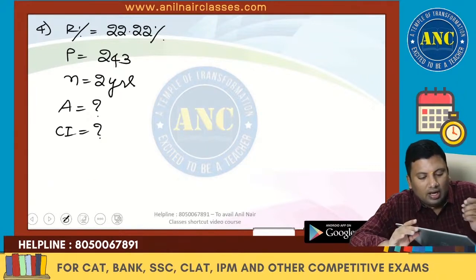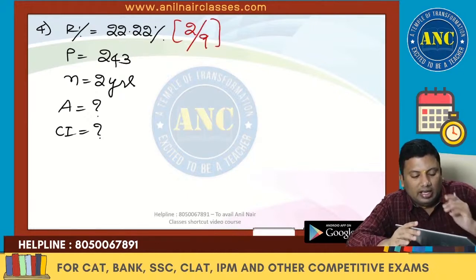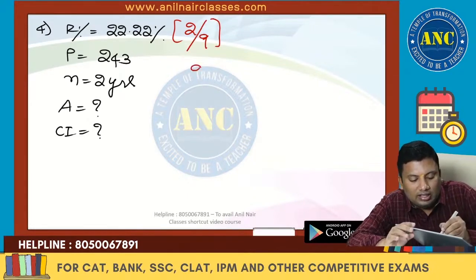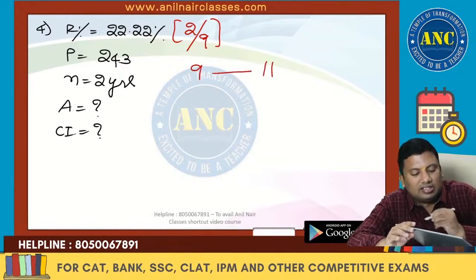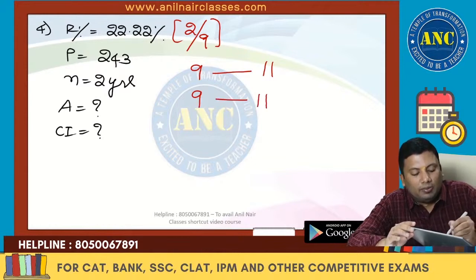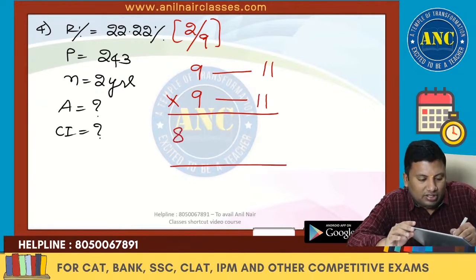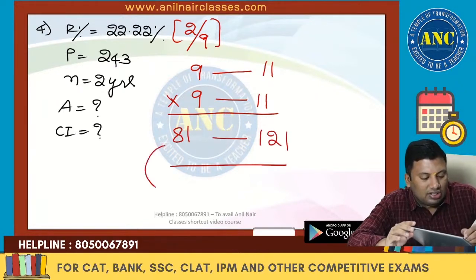Now see here. 22.22 is 2 by 9. So 9 there is 2 increase, which is 11. 2 years it is given, second year also 9 is becoming 11. So one event after the other event. This is 81 and it is 121. 81 is becoming 243, so it is into 3.